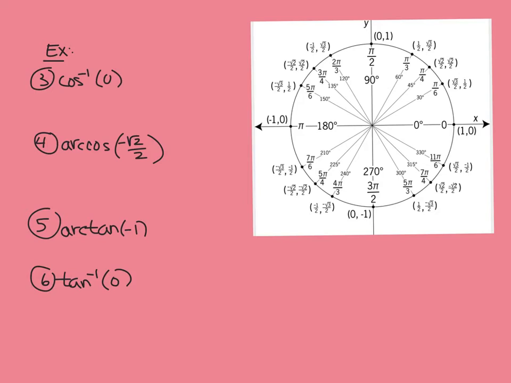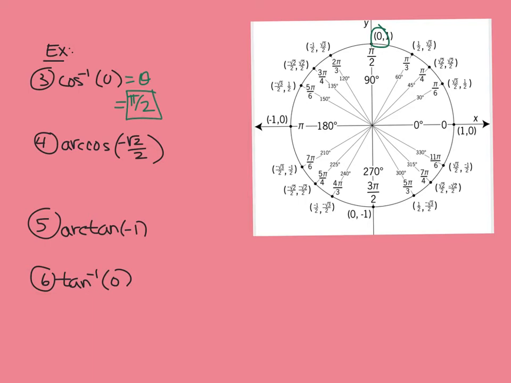So inverse cosine of 0 is the first one. Basically what we're looking for is the angle theta where cosine is 0. Remember, cosine is along this little part of the unit circle right there. So my cosine is my x value. The only place that occurs in that area of the unit circle is going to be at pi over 2, and that's actually my answer.